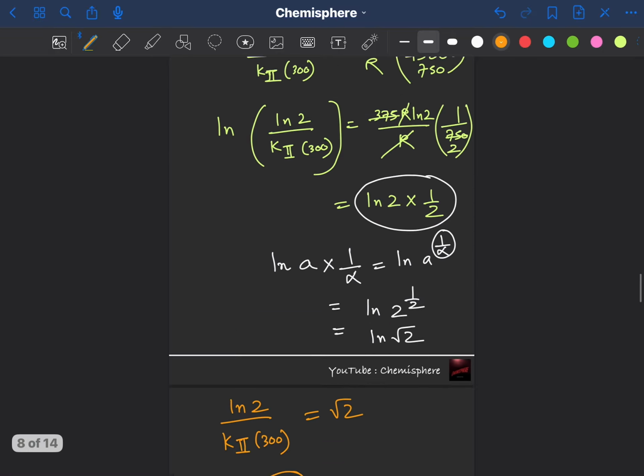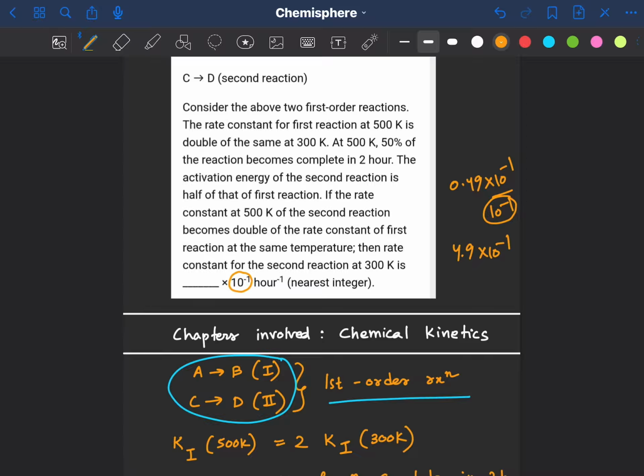So to get this value, multiply by 10 power minus 1 and divide by 10 power minus 1, because both will cancel out and we'll get the same value. So 10 power minus 1 in the denominator is actually 10, so it is nothing but 4.9 into 10 to the power minus 1, and when you round it to the nearest integer, this 4.9 is nothing but 5. So the answer is 5. Okay, thank you.